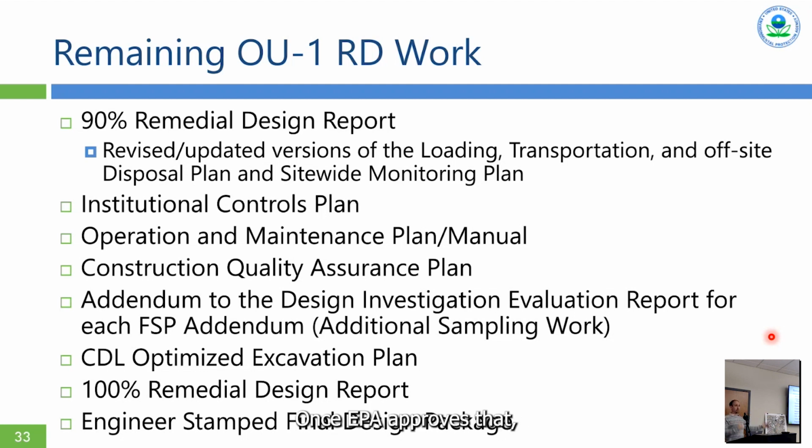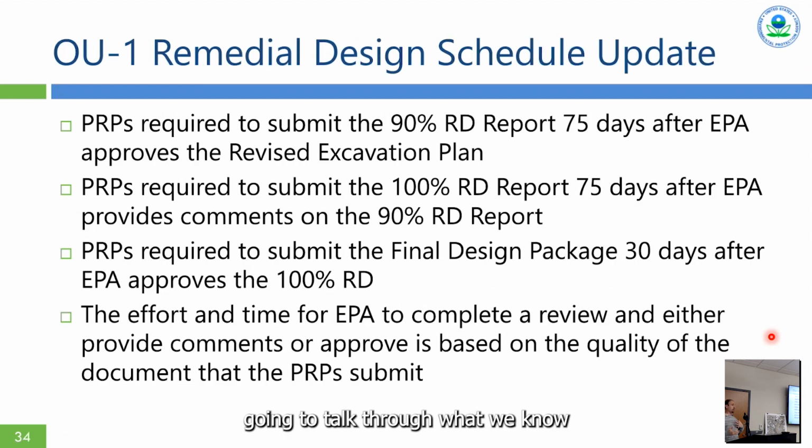Once EPA approves that, the PRPs have to submit an engineered stamped final design package. And when we have that in hand, the design is done. So I'm going to turn it over to Chris, and she's going to talk through what we know right now about schedule and timeframes for the rest of this work.